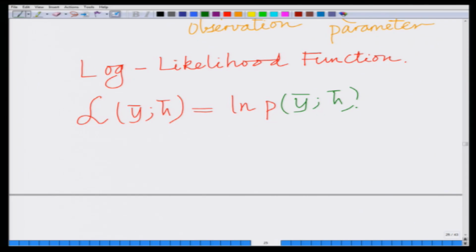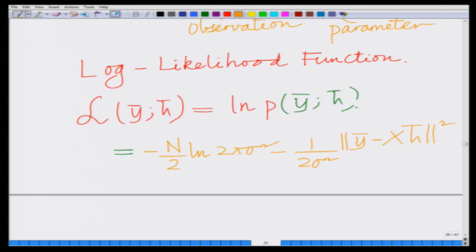Remember that the semicolon plays an important role. Now if you take the logarithm of the above likelihood function, you can see this is minus n by 2 natural logarithm of 2 pi sigma square minus 1 over 2 sigma square norm of y bar minus x h bar, whole square, correct.